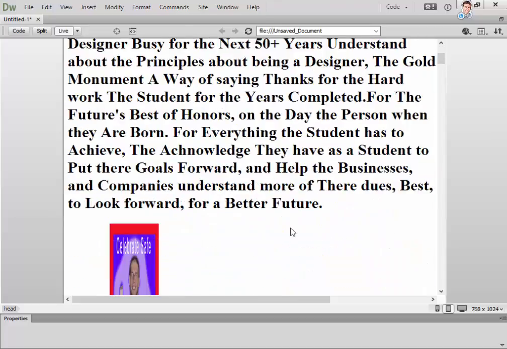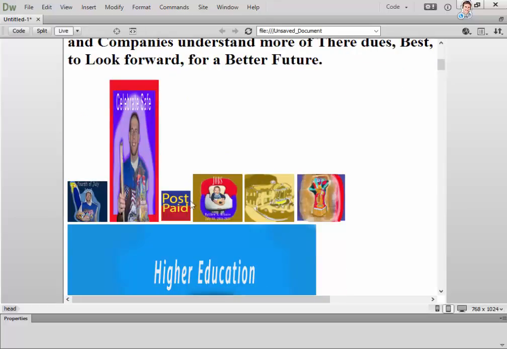That right there is a little note, and then for companies to understand more of our do's and best, look forward to the best for a better future. So these right here would be examples of pictures from the Gold Monument Project, from 1 to 15, and of course I did not include the resume on this right here.